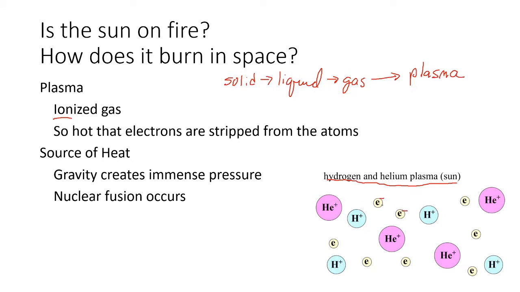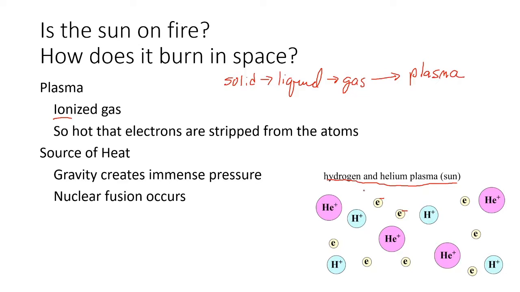The hydrogen has totally lost its electron. So you can see we have positive ions and bare electrons all floating around together in this plasma. So it's not an atom like we have in our body where the electrons are bound and they orbit around the nucleus. It's not really a circle, but they orbit around the nucleus.